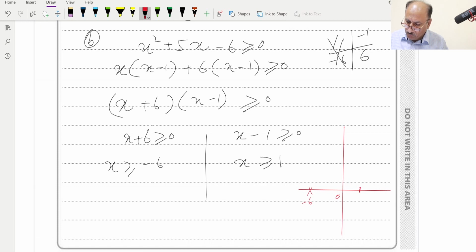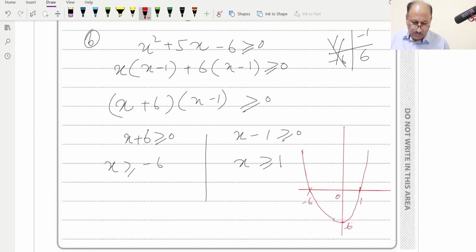So plus 1 is over here, and because coefficient of x square is 1, it's opening upward. So if we replace x is equal to 0, y will be -6, so -6 will be over here. So if we plot the graph, this will be like this one, a rough sketch I'm making.